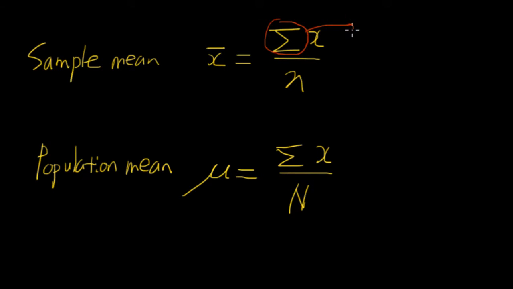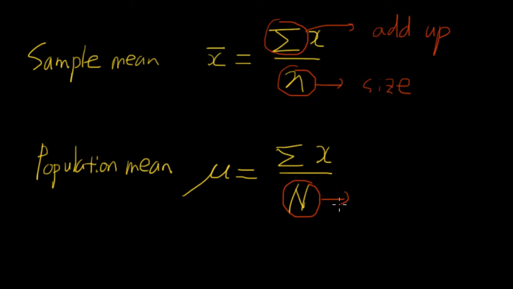It means add up. So add up all the x and divide that by n. What's n? This is the sample size. If you look at the population mean, it's the same thing. You add all the x, but what's uppercase N?